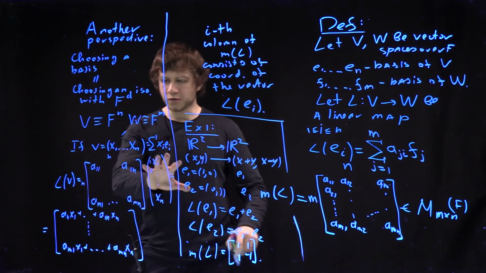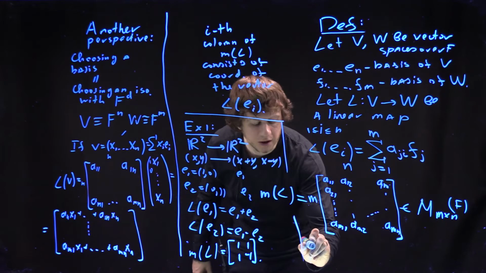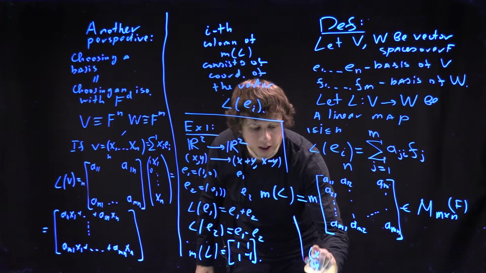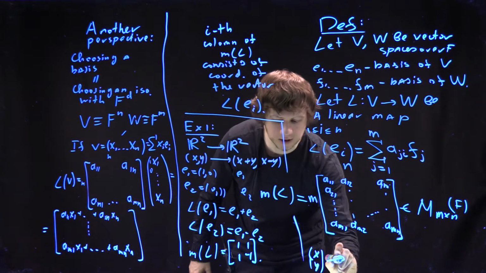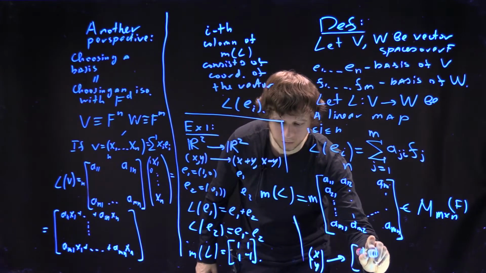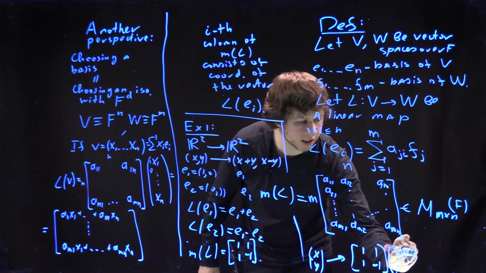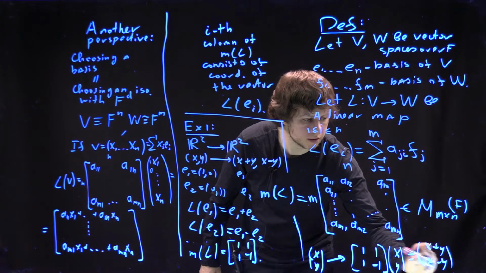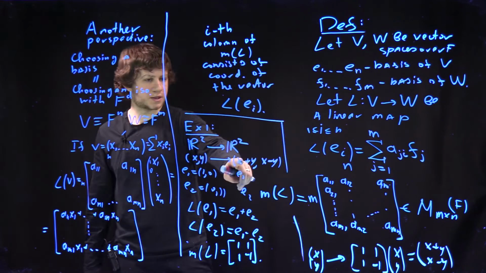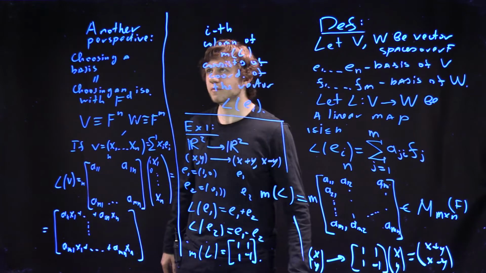So you can now see that this rule tells you that the vector (x, y), which I now write as a column, goes to the matrix (1, 1; 1, minus 1) times (x, y), which has coordinates x plus y, x minus y, and that's it. These are exactly what this rule says. So this is how it works.